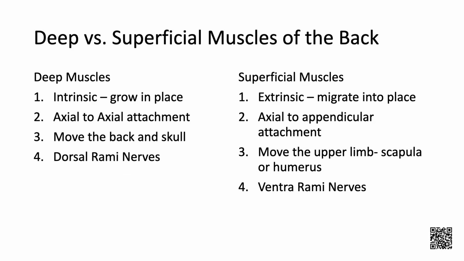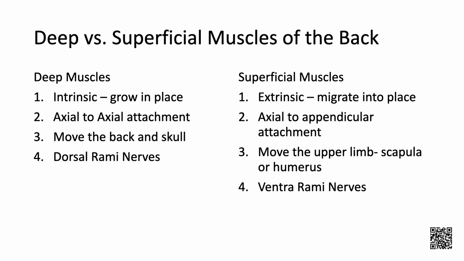Muscles of the back can be grouped into 2 categories: deep intrinsic muscles and superficial extrinsic muscles. Deep muscles grow in place, attach axial skeleton to axial skeleton, and move the back and skull. They're innervated by the dorsal rami nerves.